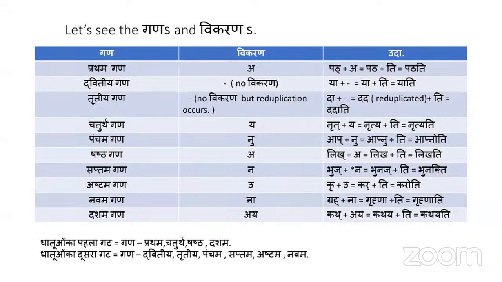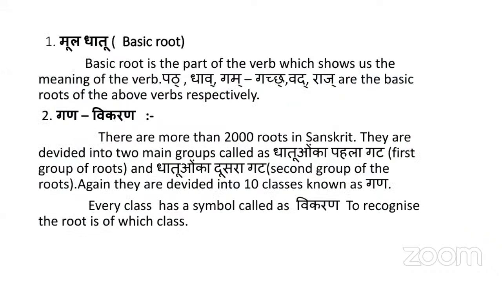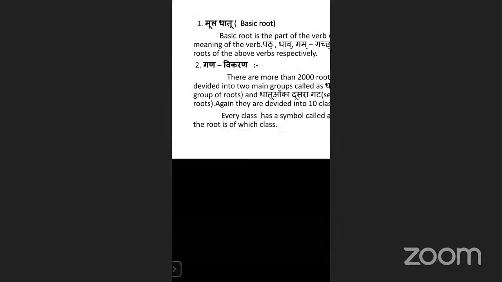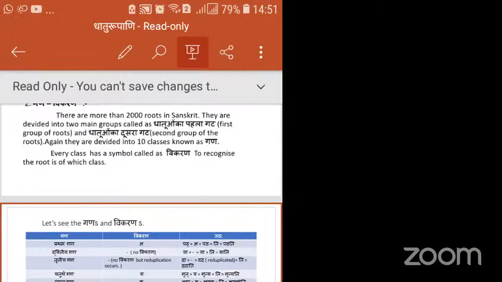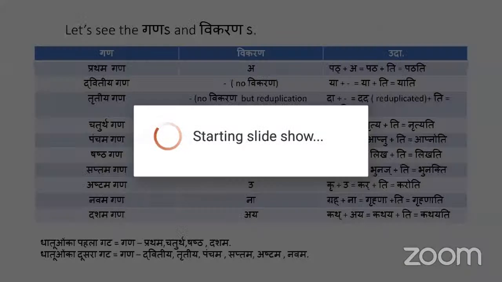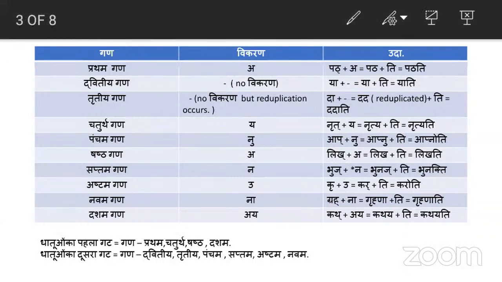The classes, गण प्रथम, चतुर्थ, षष्ठ and dasham. These four गण are included in the धातुओं का पहला गट.